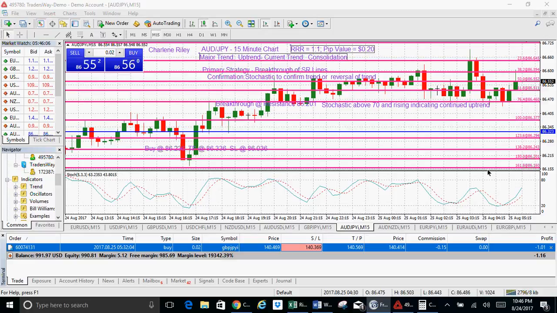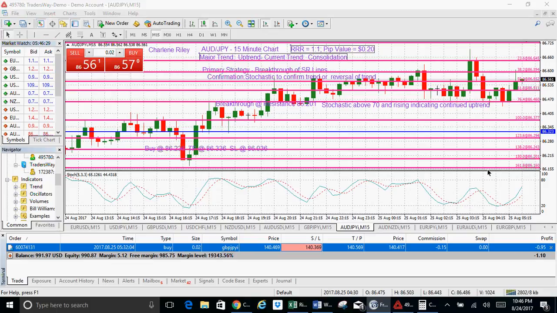Otherwise, if I had a break below the 86.511 and confirmation of stochastic below 50, I would enter into a sell. So, well, the plan was to enter into a buy based on the current setup.